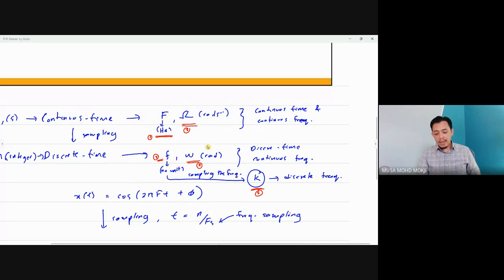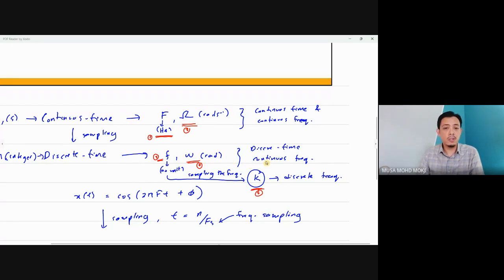If we look at this one, this is continuous time, continuous frequency. The frequency is still continuous after we do sampling in time. What we convert to discrete values is only the time, not the frequency. This is what we call time sampling. So even though we have discrete time, the frequency is still continuous.